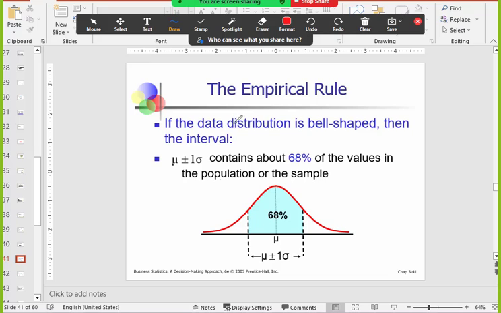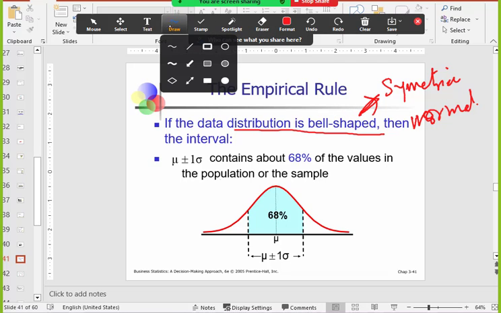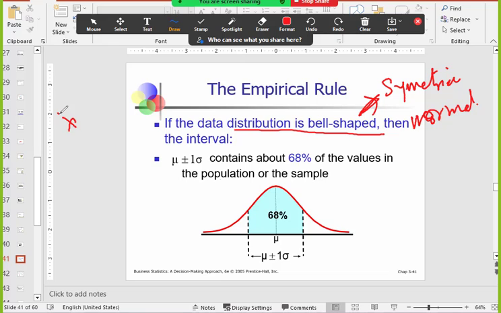If the data is distributed in the bell shape, in other words, it is called symmetric or normal, then if we have the X bar given and standard deviation given, we calculate X bar minus standard deviation and X bar plus standard deviation.